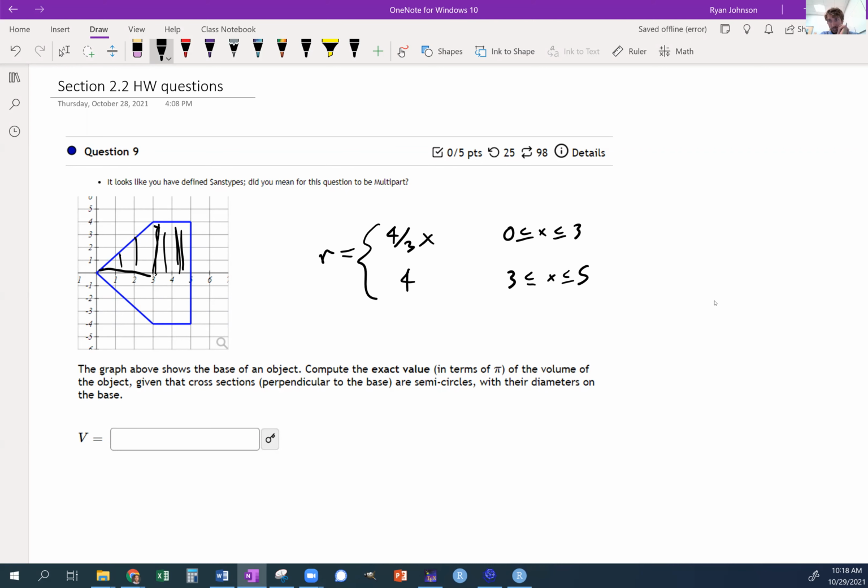So then the area slices would just be the area of a semicircle, which is 1/2 pi r squared, right?